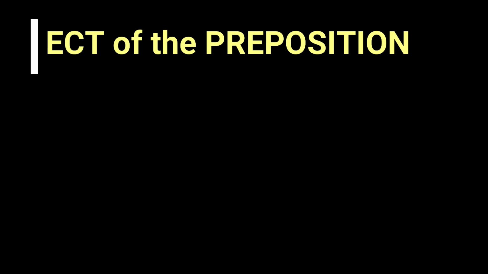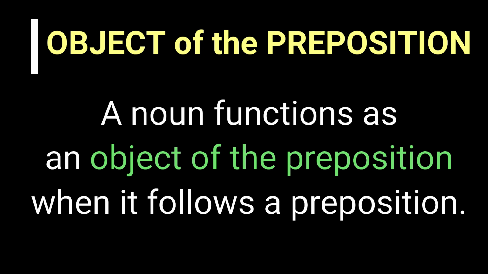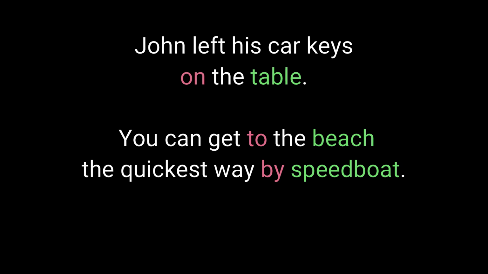A noun functions as an object of the preposition when it follows a preposition. John left his car keys on the table. Table is a noun that comes after the preposition on.